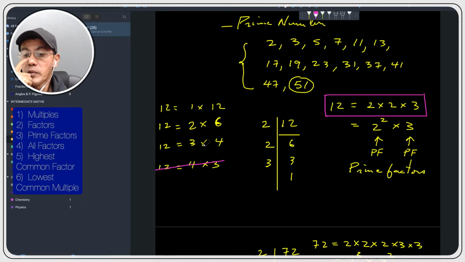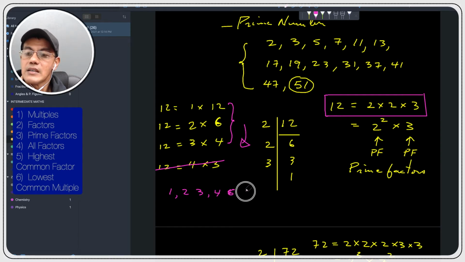And we can stop here. So now we can write all the factors of 12 from this here. So all the factors of 12 will be what? 1, 2, 3, 4, 6, and 12.